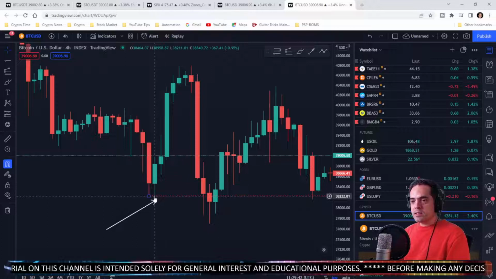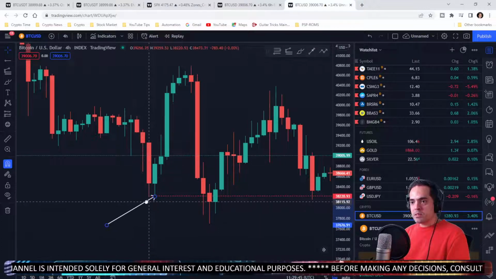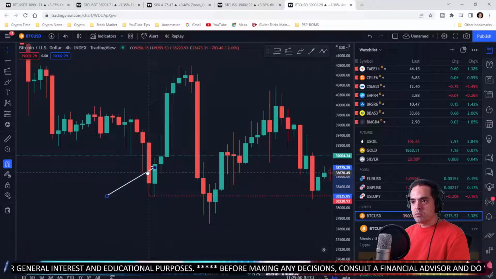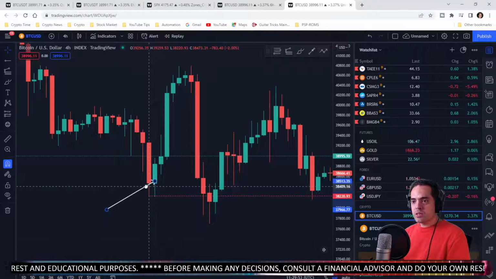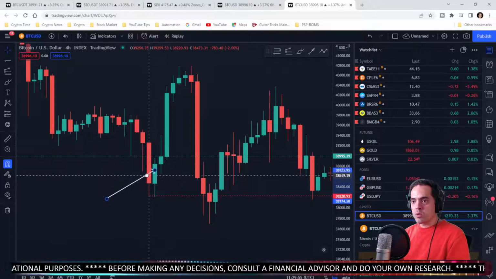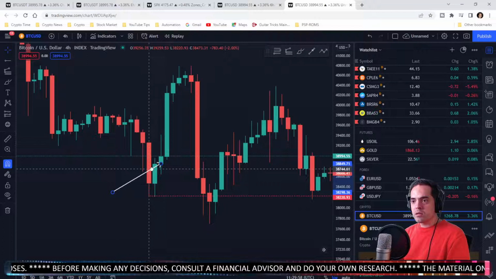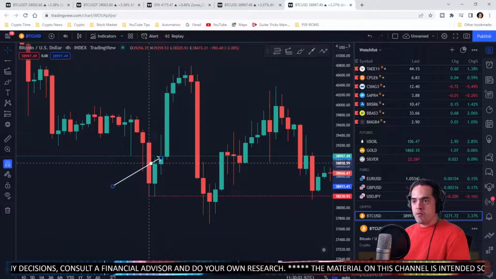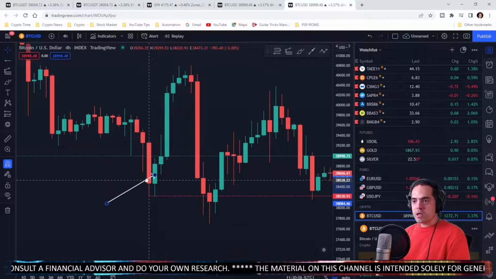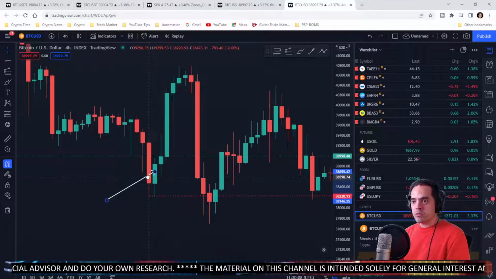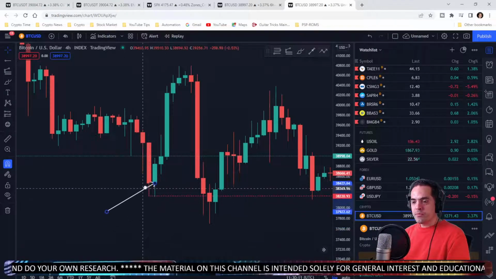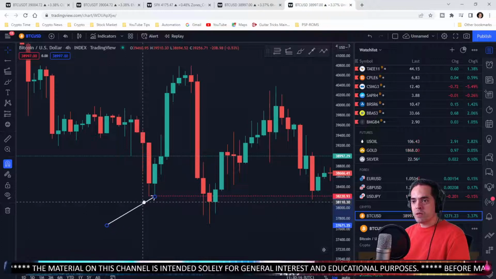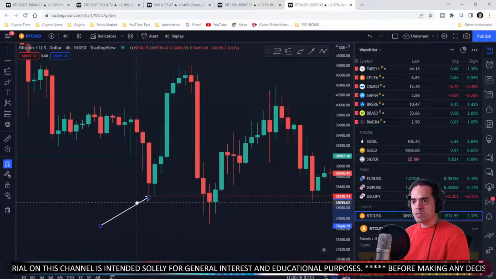So in this case, you're gonna see this breakthrough and then you're gonna wait for the next candle. If the next candle in this scenario closes above the candle which broke through the previous low, so here we just lost the previous low, the first attempt was to lose this one.